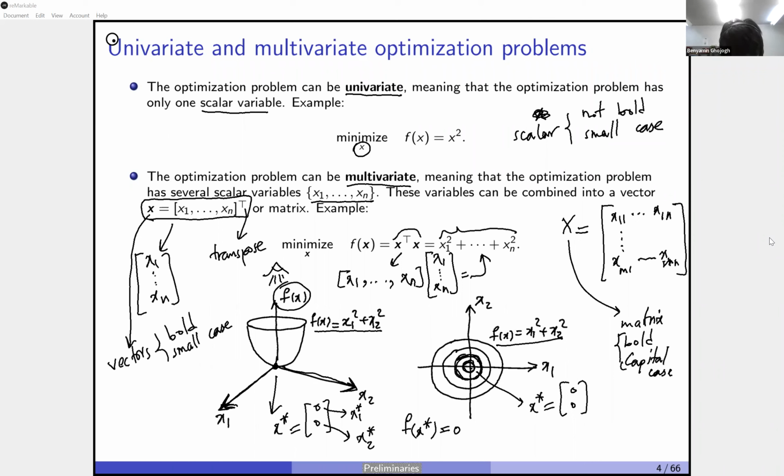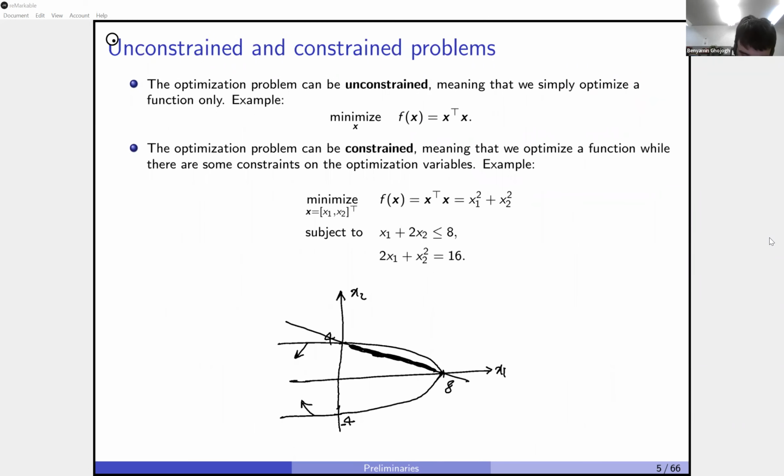Okay. The optimization problem can be unconstrained. What does it mean? Assume, for example, I want to minimize this function, or another function. If it is a scalar, I want to minimize f of x squared. Only I have a function and I want to minimize it. This is unconstrained.